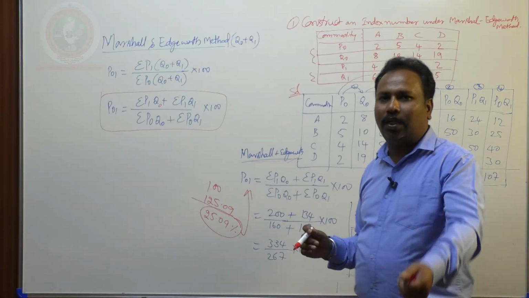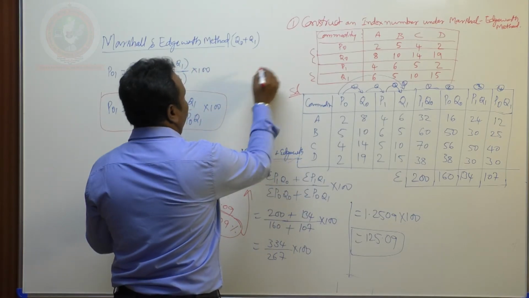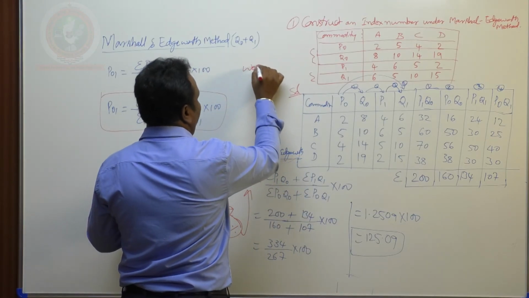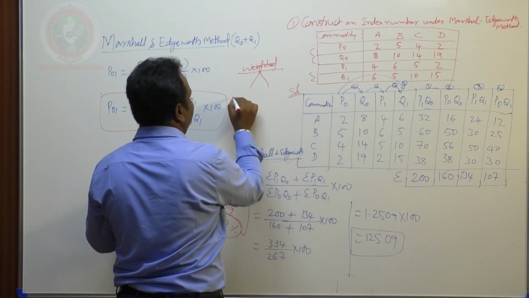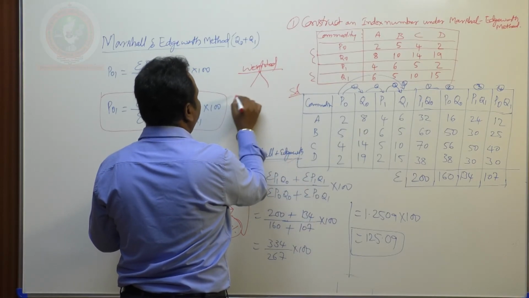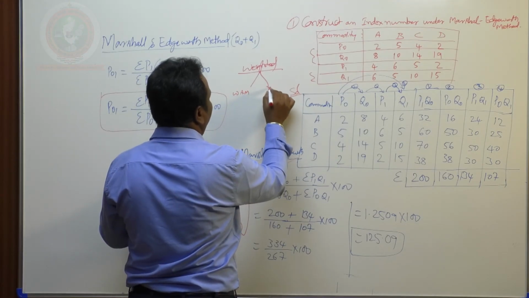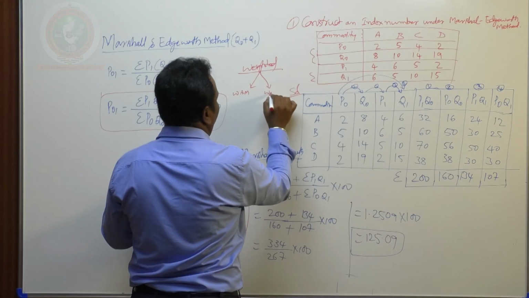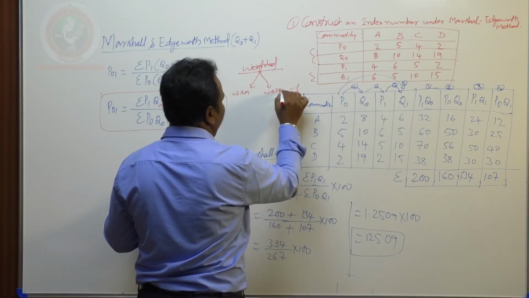Now, in the next session we are going to discuss the second method, that is in the weighted index, two methods. One is what? Weighted aggregative method, and weighted average price relatives method.